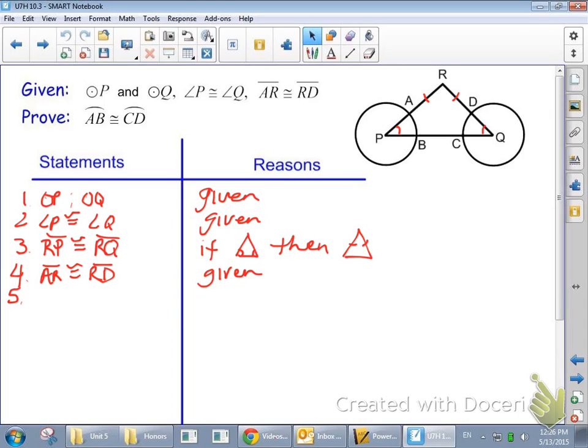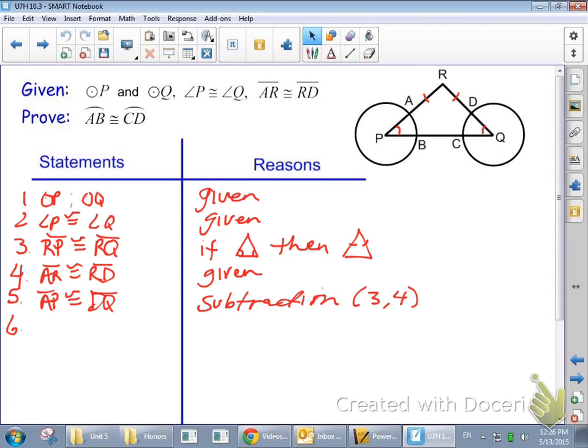And then from that, if AR is congruent to RD and we know PR is congruent to RQ, then by using the subtraction property, I can subtract AR from PR and get that AP is congruent to DQ. Subtraction, and I'll just list, it's from 3 and 4. We're subtracting those two pieces.